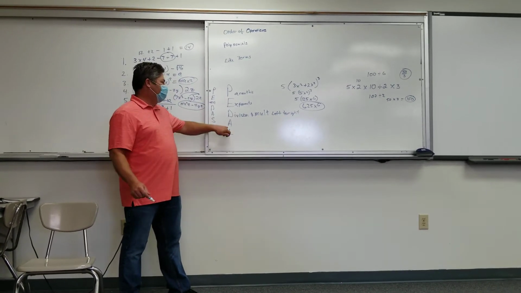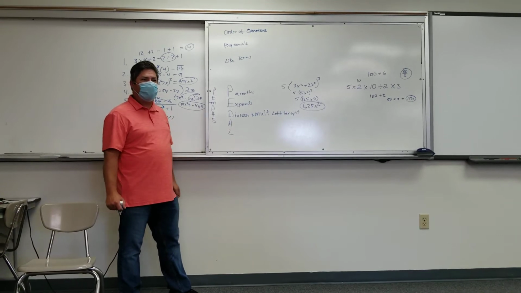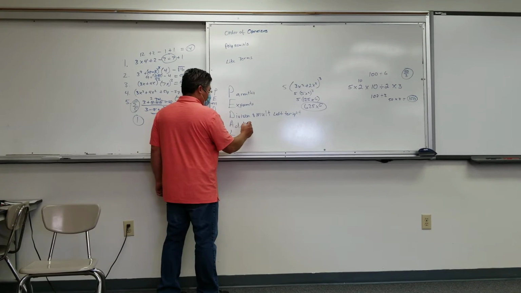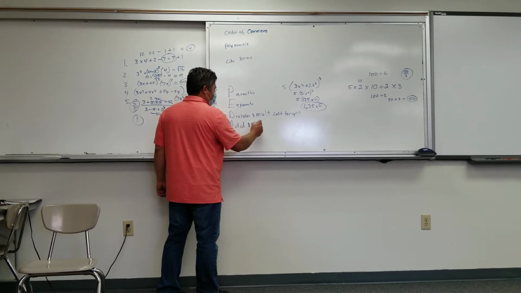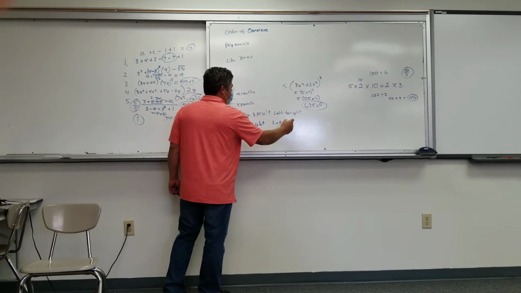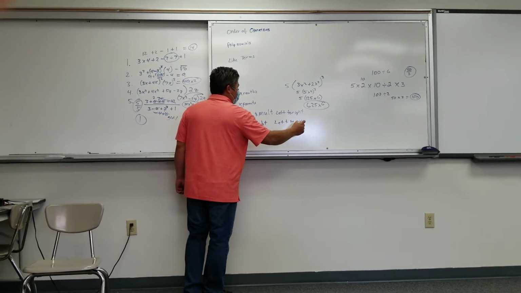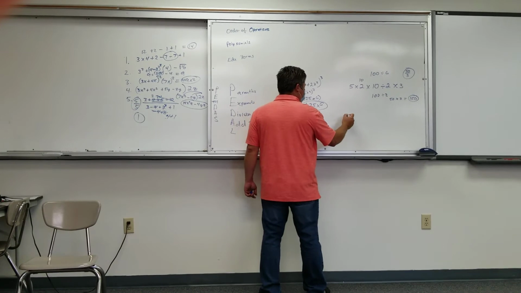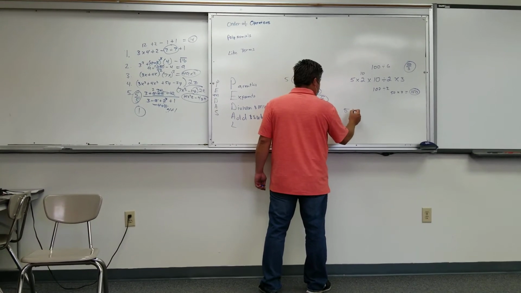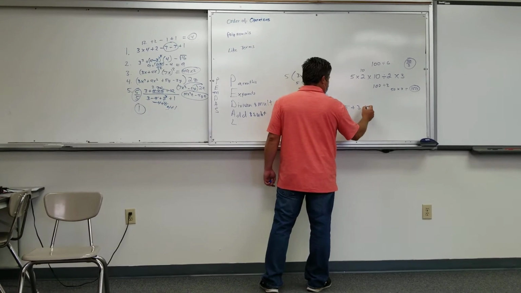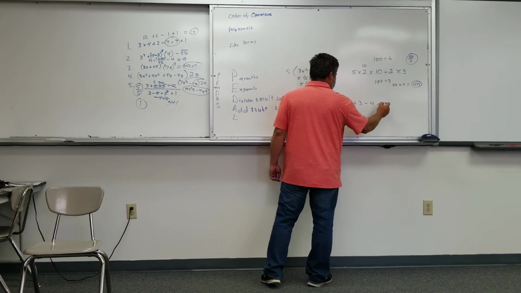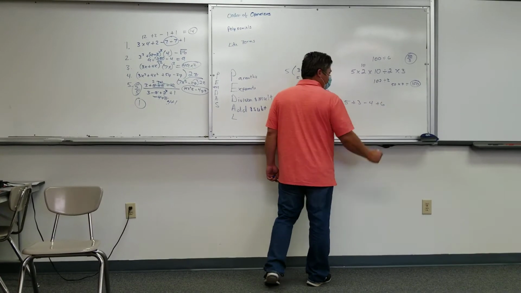Okay? So what does the A stand for then? Similarly, addition and what? And subtraction. Left to right. See? And again, let's say I had 5 plus 3 minus 4 plus 6.